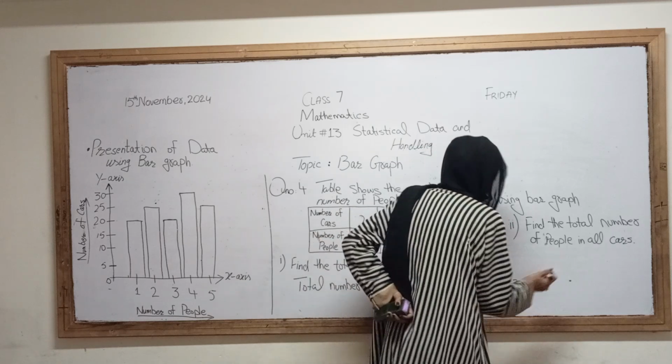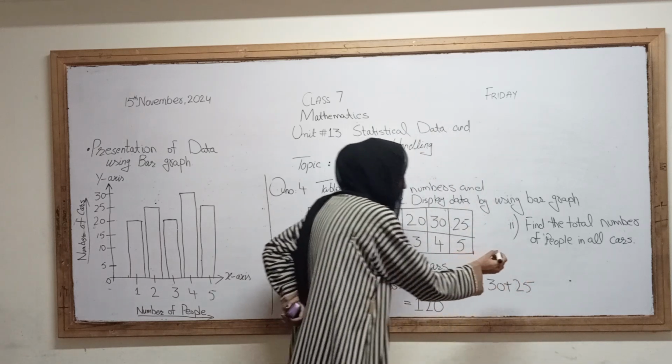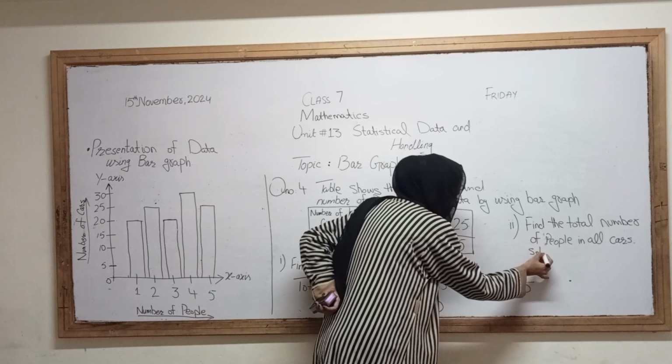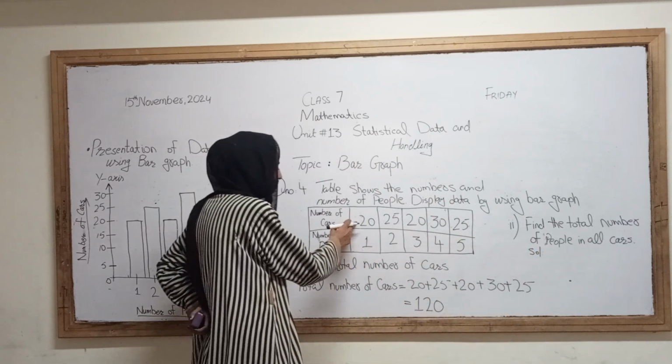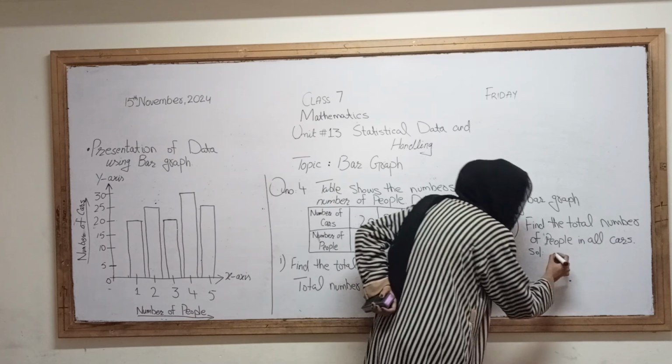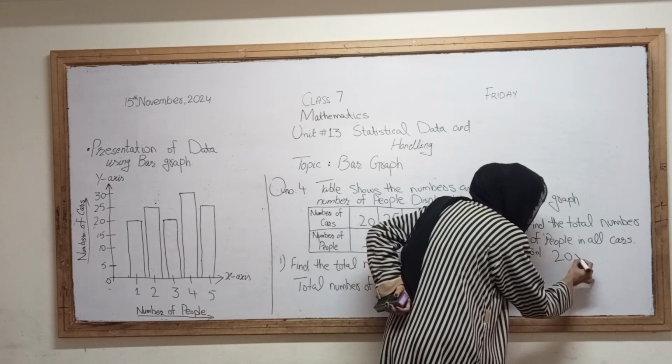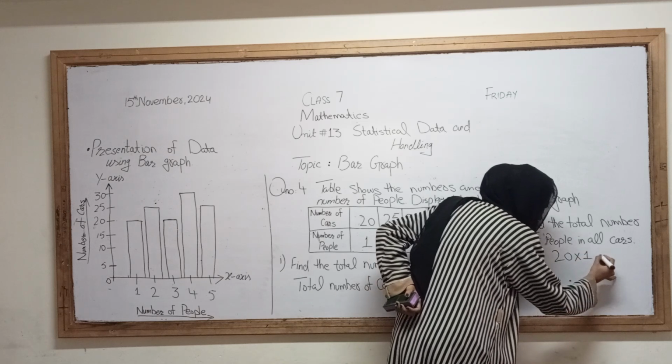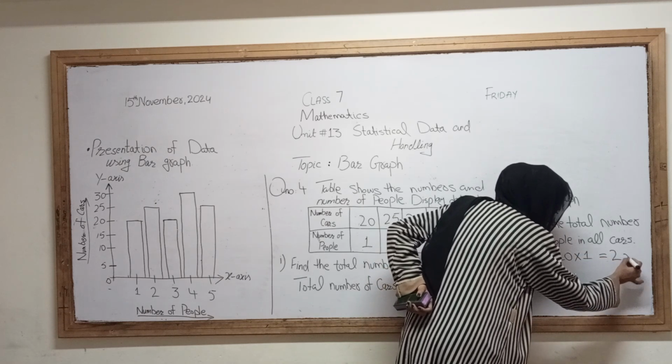So first we know that there are 20 cars in which only one person is present. So 20 multiplied by 1 gives you 20.